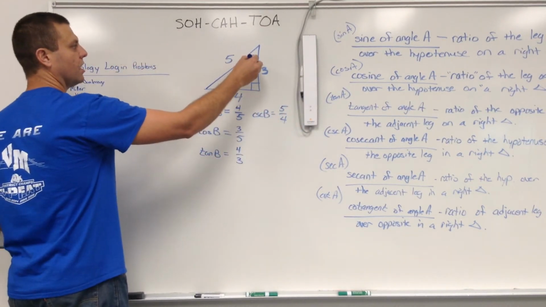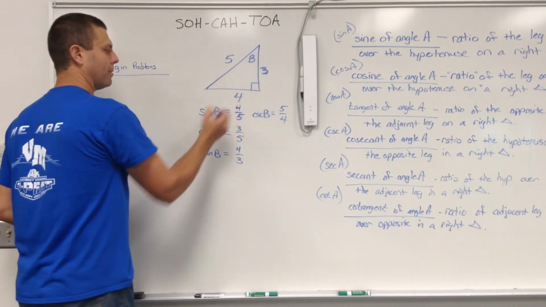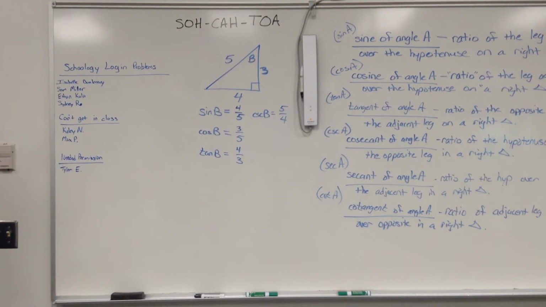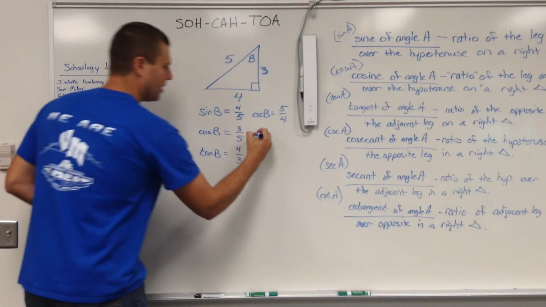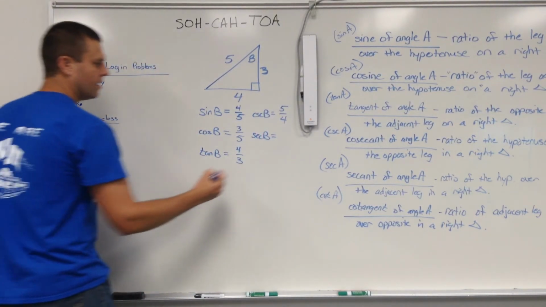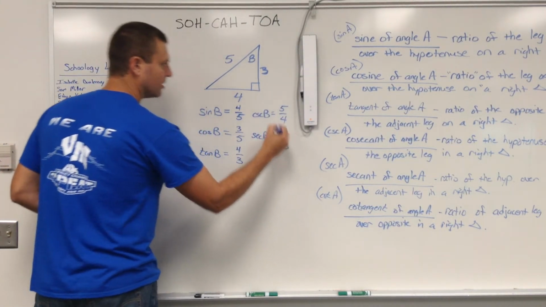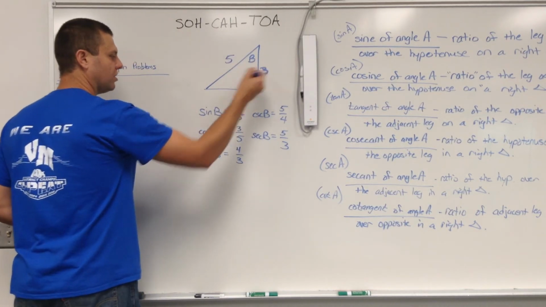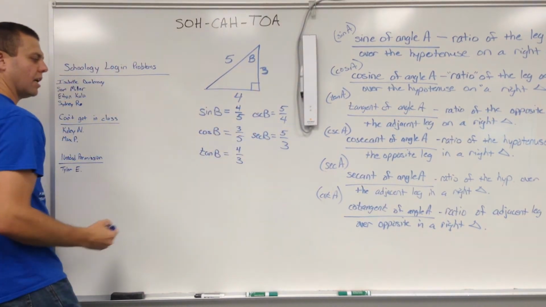Hypotenuse over opposite for cosecant. Secant of angle B, anybody? 5 over 3, because it's hypotenuse over adjacent. It is the reciprocal of cosine.